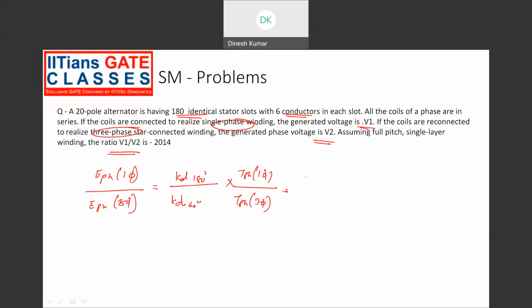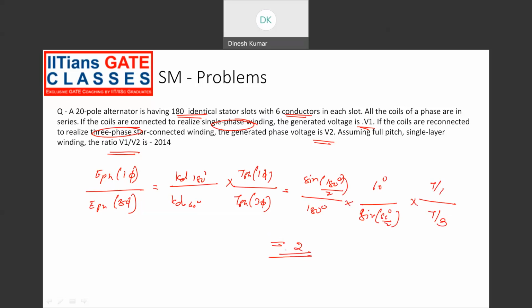Kd for 180 is given by sine of 180 degrees by 2, over 180 degrees by 2. Kd for 60 is given by sine of 60 degrees by 2, over 60 degrees by 2. Turns per phase for single phase will be T by 1, and turns per phase for three phase will be T by 3. So if you solve this expression, we'll get the ratio of the voltage for the single-phase to the three-phase winding.